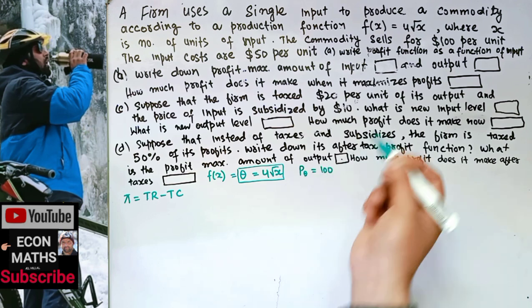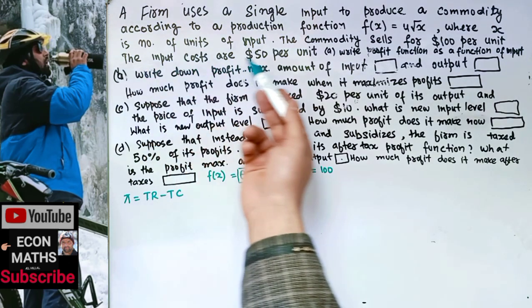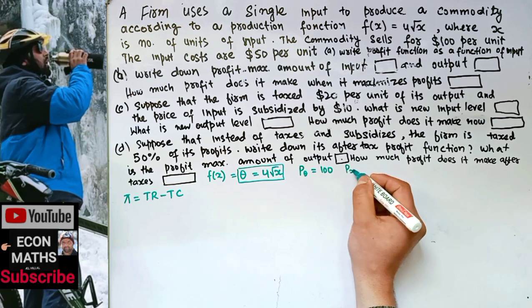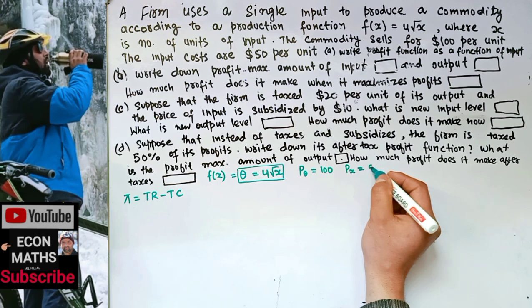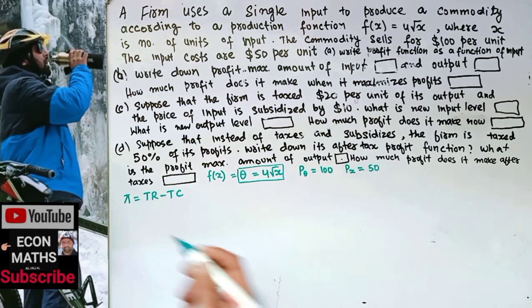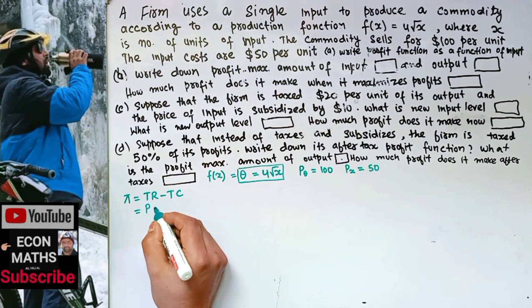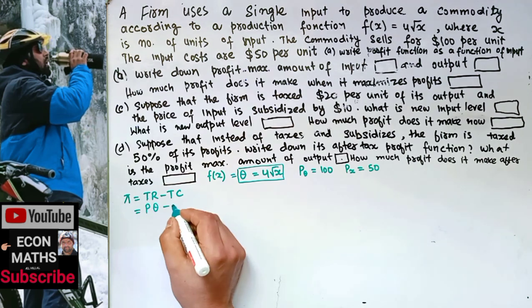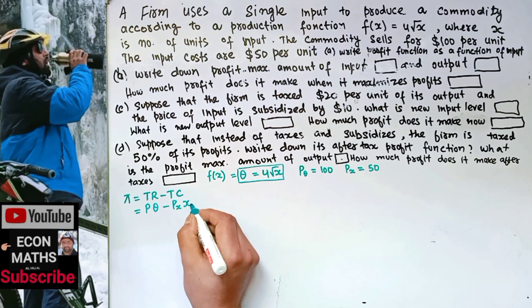The input costs are 50 per unit. Let's denote p subscript x as the input cost, which is $50. Given this information, total revenue is price of output times output, minus total cost, which is price of input times units of input used.